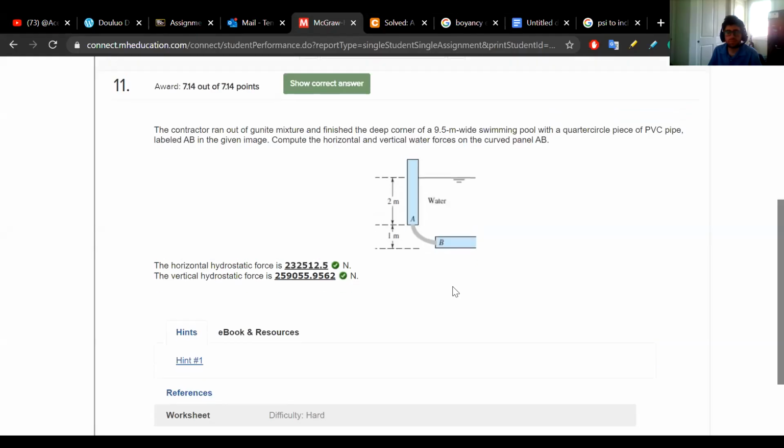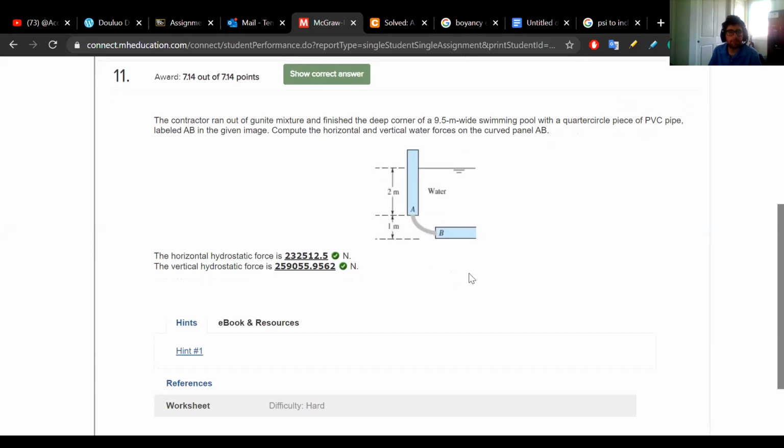So for this problem, how do you find, you're supposed to multiply gamma by the area and also the center of gravity, right? Yes, to find force. So how do you find the height again? I forgot.